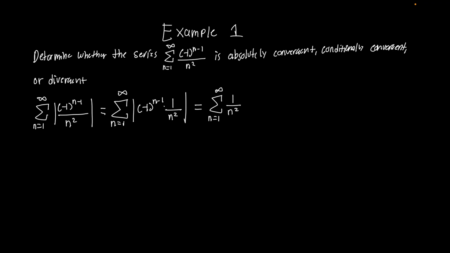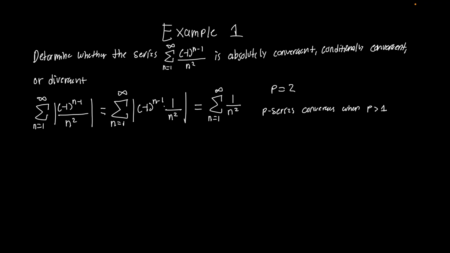So we know that this series is a p series with our p value equaling 2. And we know that a p series converges when p is greater than 1. I'll write that down: p series converges when p is greater than 1.